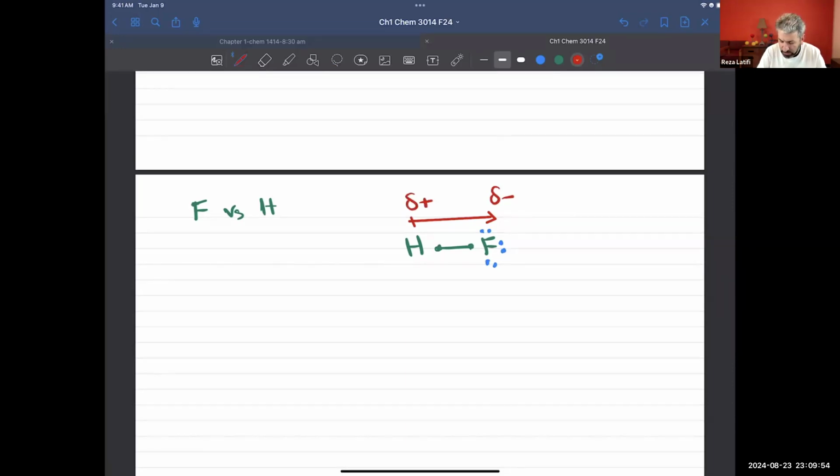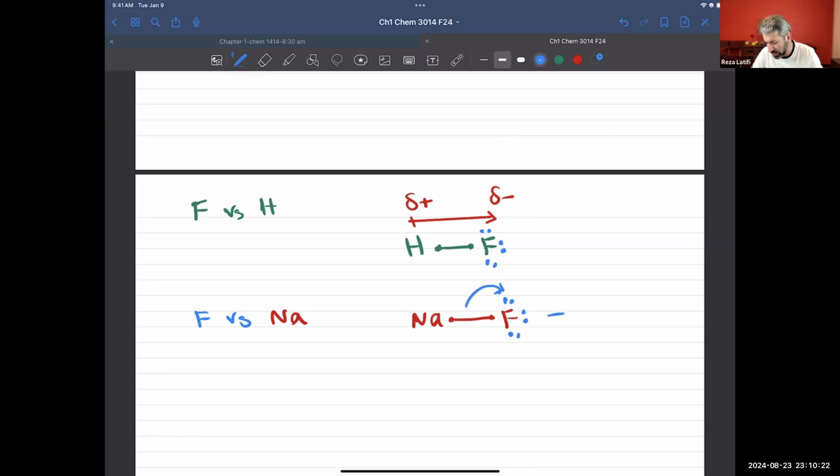Now, pair fluorine with sodium. Sodium is way less electronegative than hydrogen. So what will happen if I pair sodium with fluorine? These two electrons will be completely taken by fluorine.